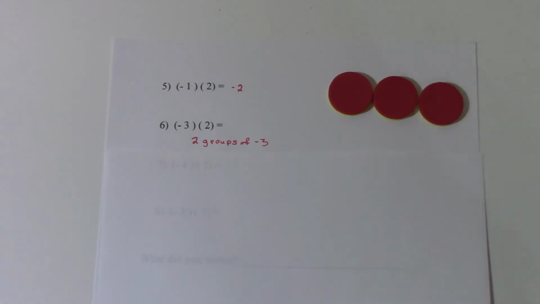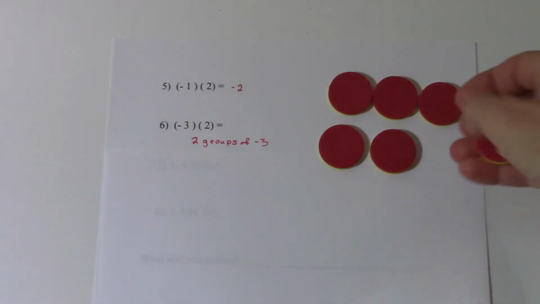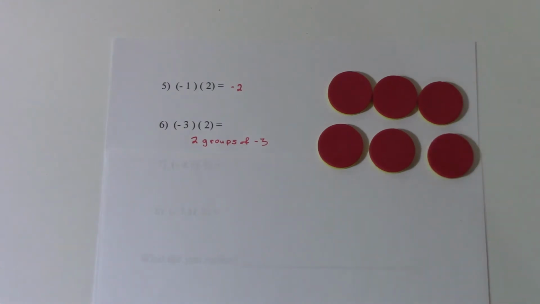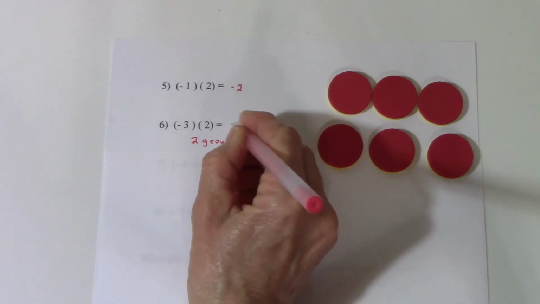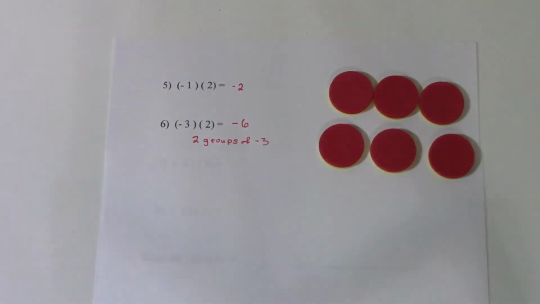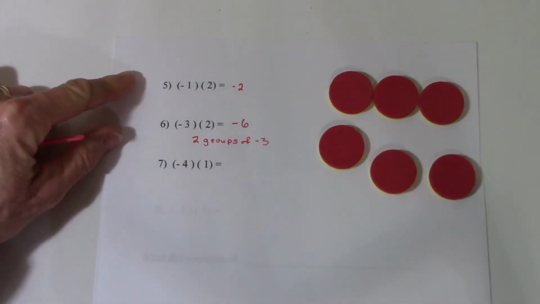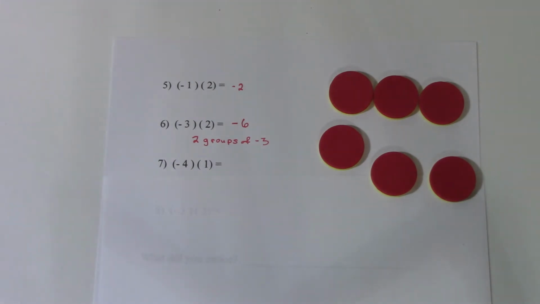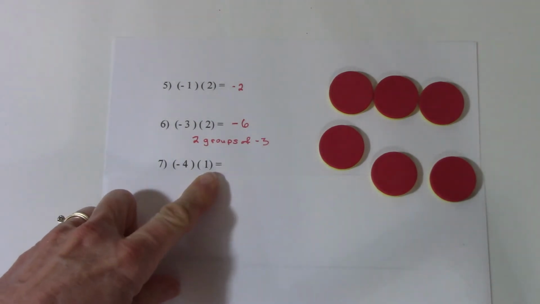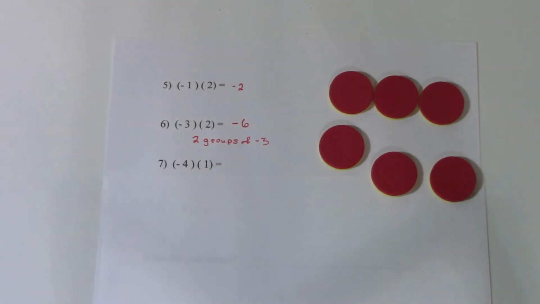So that's one group. And here's another group. So I have negative 6. And the next problem, I'm going to think of it as one group of negative 4.